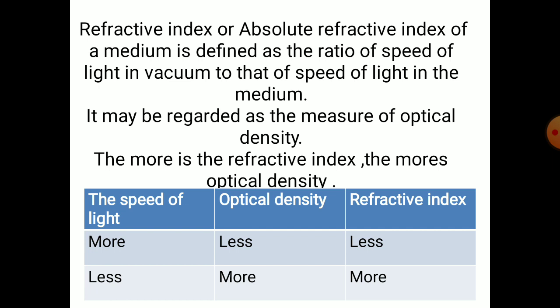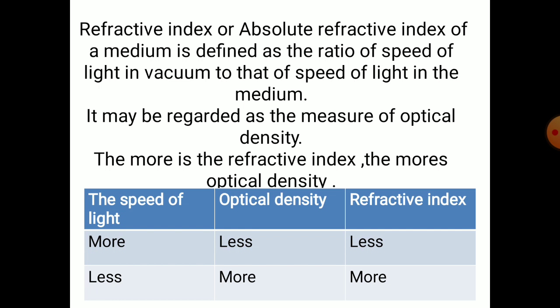The refractive index or absolute refractive index of a medium is defined as the ratio of speed of light in vacuum to the speed of light in the medium. It may be regarded as the measure of optical density. The more the refractive index, the more the optical density.